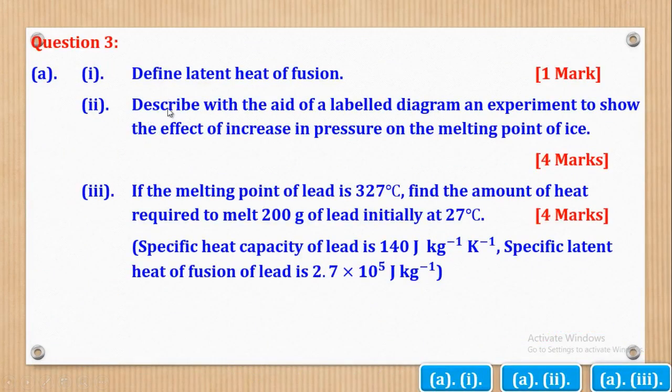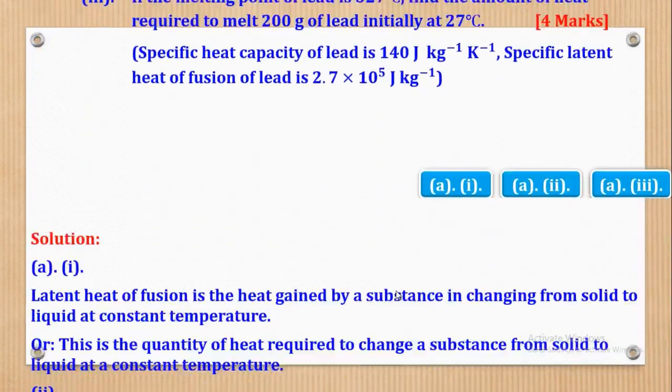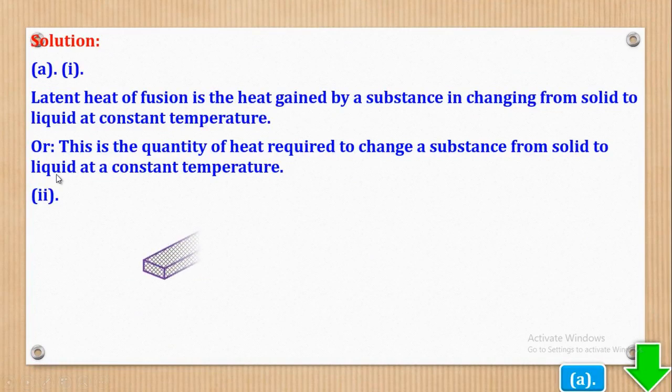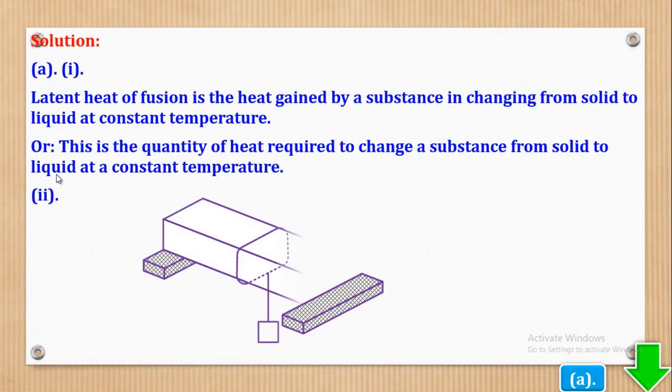Roman 2 says, describe with the aid of a labeled diagram an experiment to show the effect of increase in pressure on the melting point of ice. So the first thing to do is draw a diagram, because they said to describe with the aid of a labeled diagram.